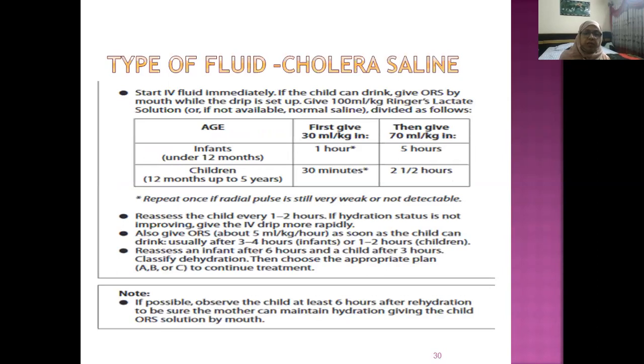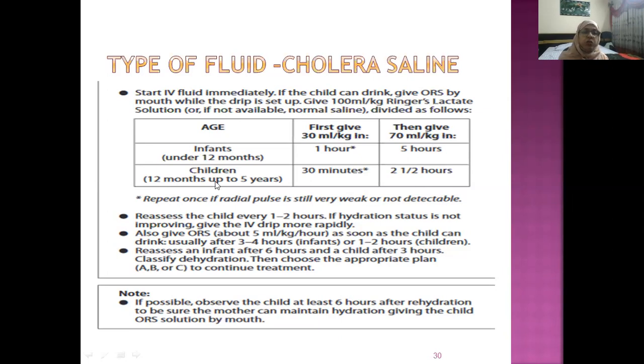So this is the fluid management of a child with severe dehydration. You have to divide the age group into 2 groups: less than 12 months, or 12 months up to 5 years. In these 2 age groups, the duration of fluid replacement is different. For less than 12 months, you have to replace the fluid within 6 hours.